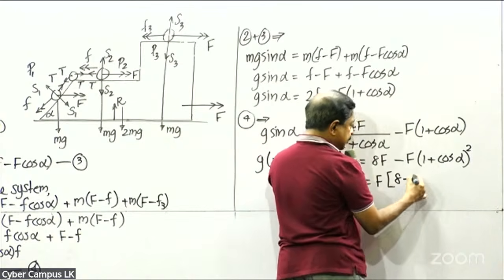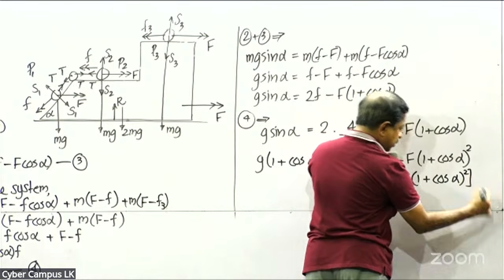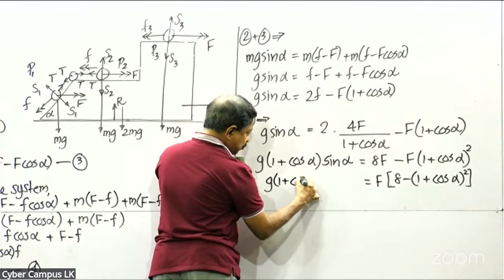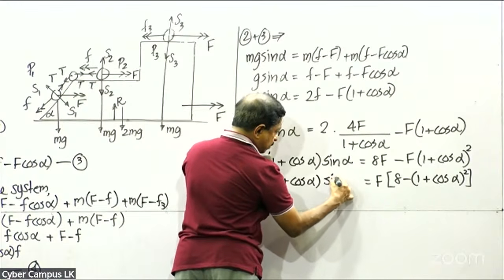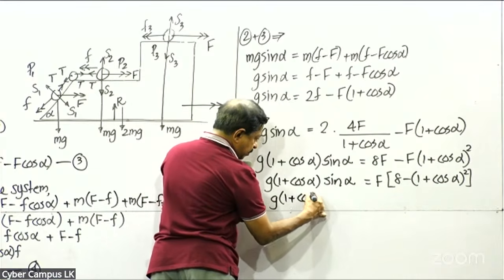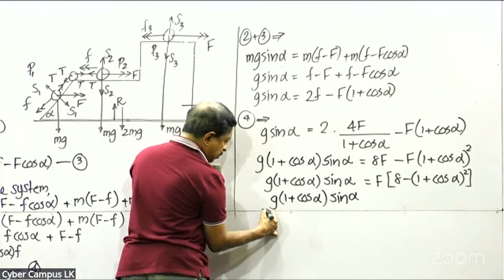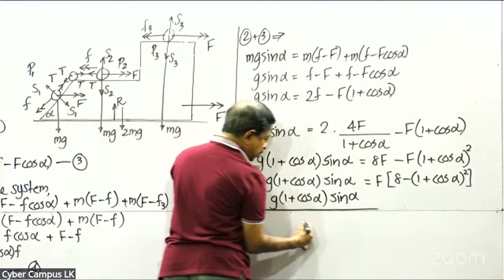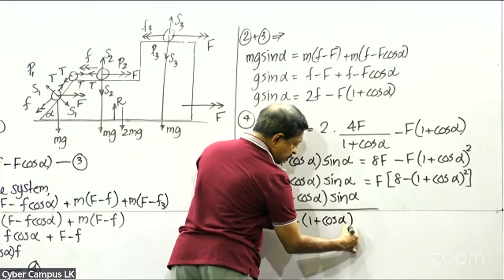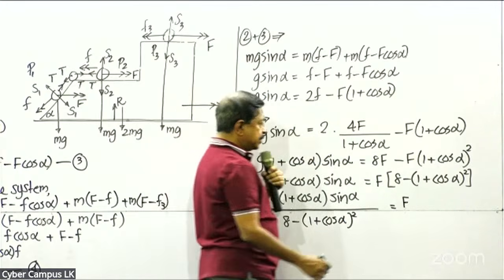You get 8 minus (1 plus cos alpha) squared. So this is the acceleration of the wedge.